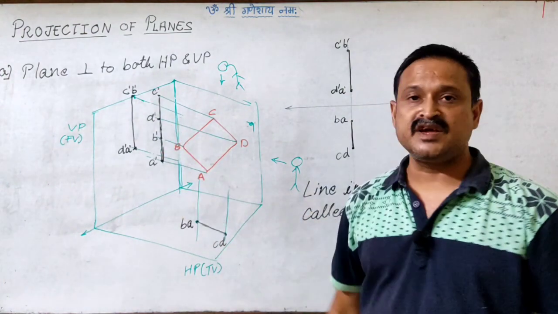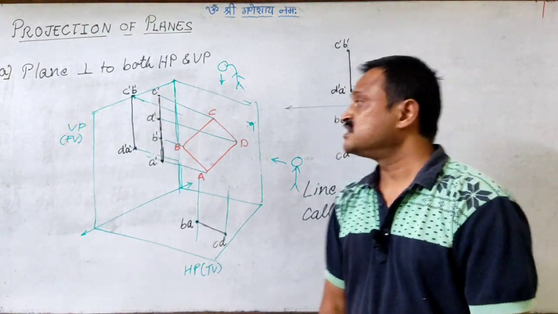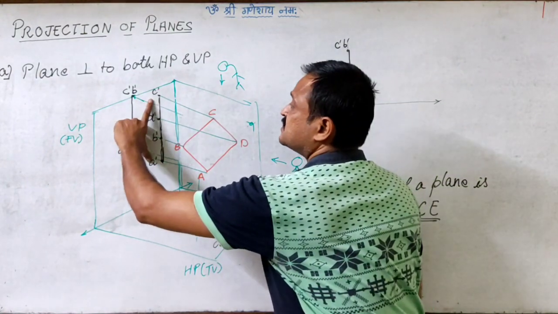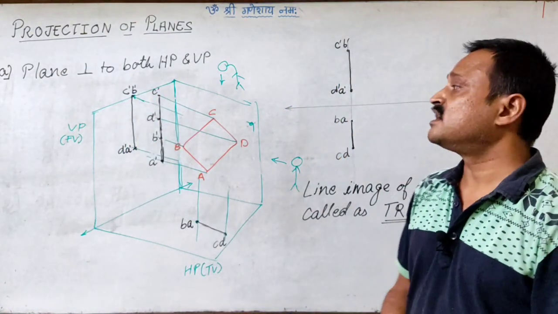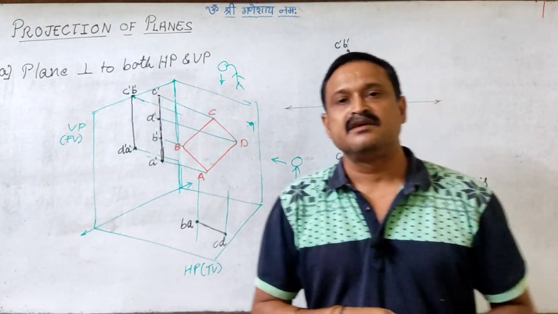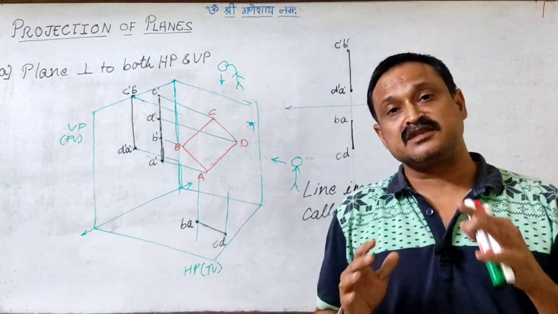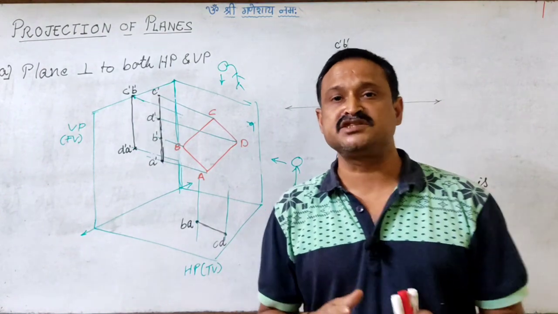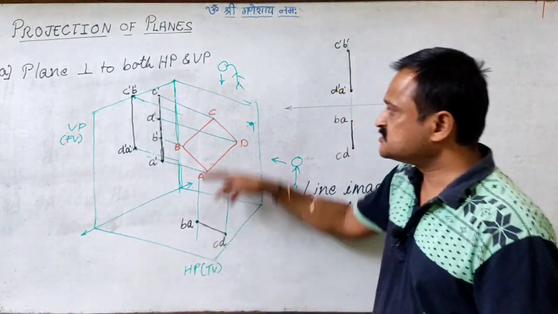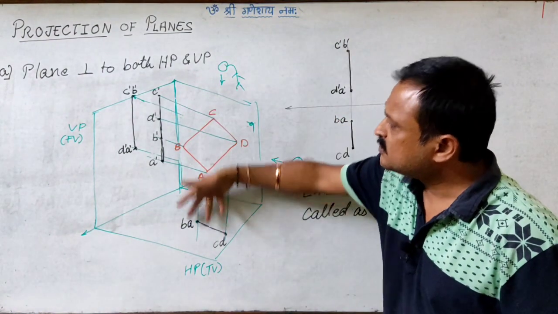Though we are getting a line image, the length of that image has changed. That means the trace length will be a different length. So the length of the trace will definitely depend on the orientation in which the plane is placed in the quadrant. Similarly, it will be for the top view also.